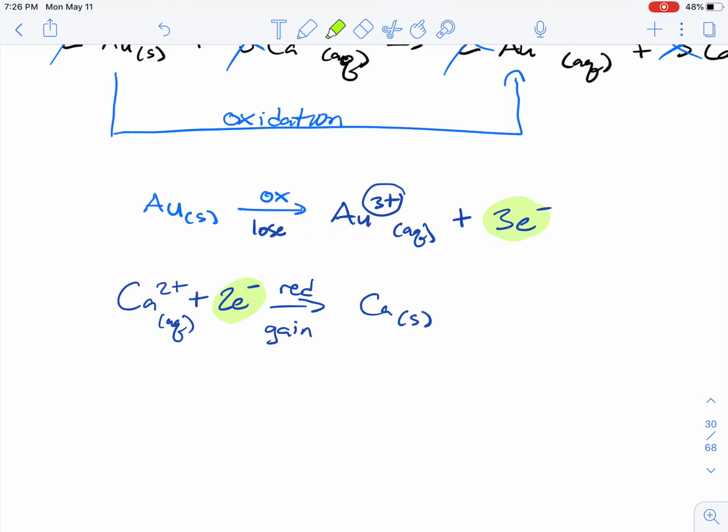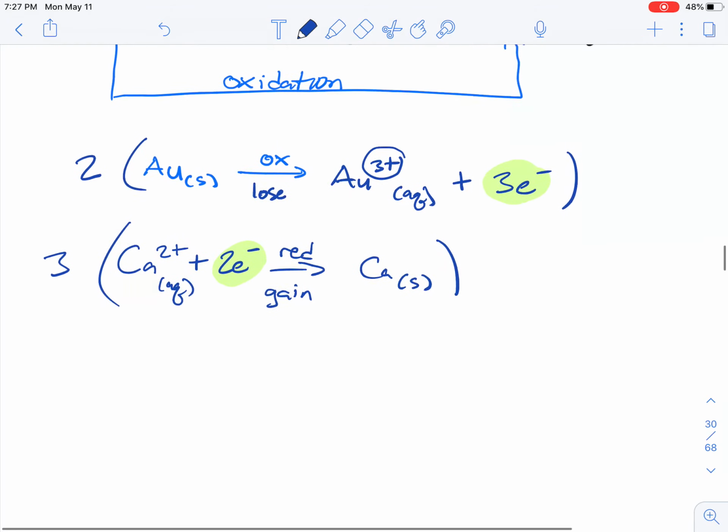For us to make sure that the number of electrons are the same, we have to manipulate this equation. The common multiple between 3 and 2 is 6. Therefore, we need to multiply this by 2, and we need to multiply all of this by 3.